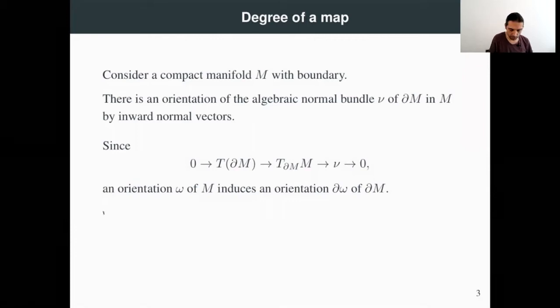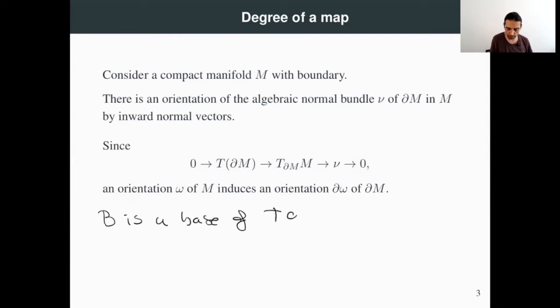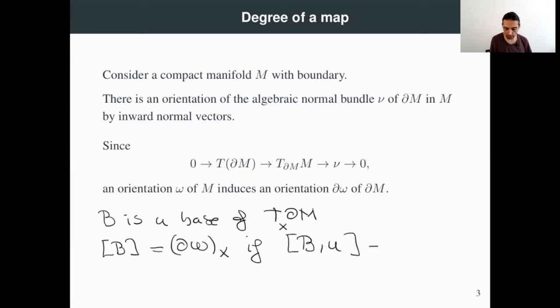Indeed, if B is a base of the tangent space of the boundary at the point X, then the orientation associated to B is equal to partial omega if the base consisting of B and U has orientation omega, where U is indeed an inward normal vector. It's a tangent vector of M at X that is normal to the boundary and inward.